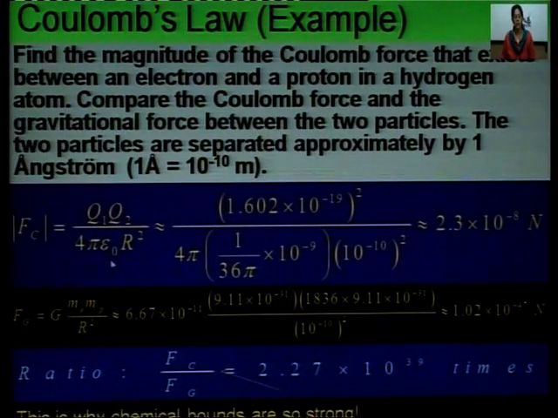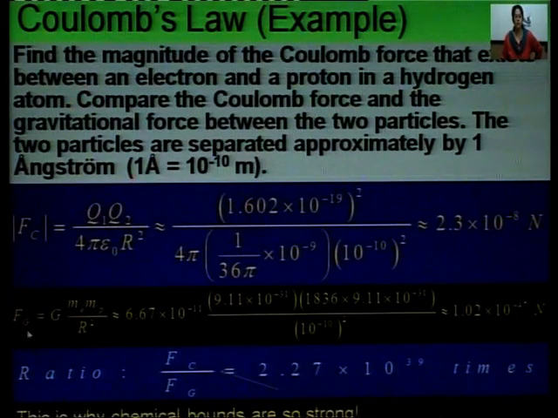Then 4 pi, substituting the value of epsilon naught, and then r square. R is distance, so 1 angstrom is 10 raised to power minus 10. Substituting all these values and solving, the force comes out to be 2.3 into 10 raised to the power minus 8 Newton. So this is the magnitude of Coulomb's force between two charged particles.